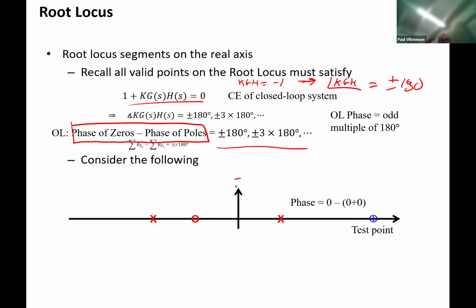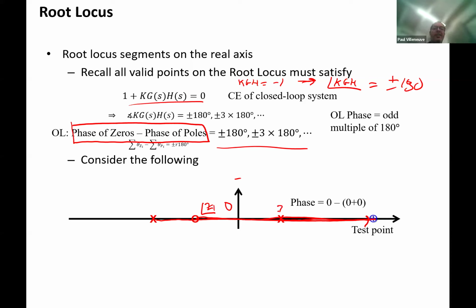So what angle do I need to get to that test point? 0, right? How about over here? Still 0. What about this one? Still 0. So the angle associated with the 0 over here to get to that test point is 0.